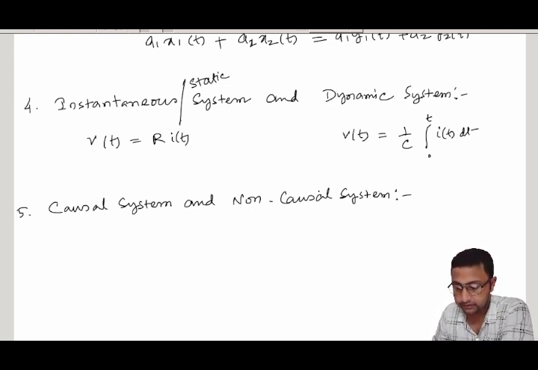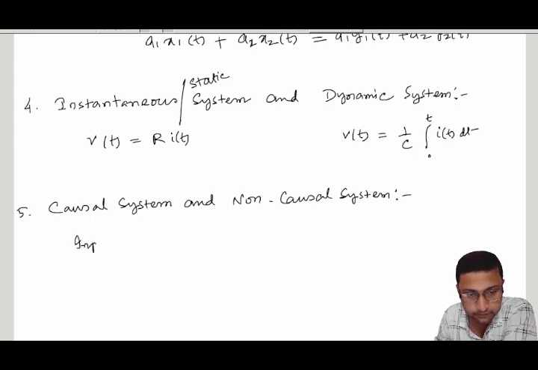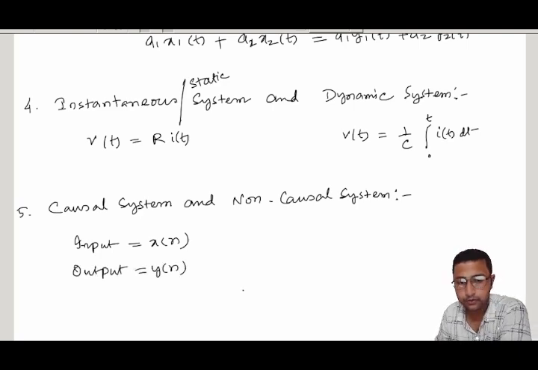Suppose x[n] is the input and the corresponding output is y[n].